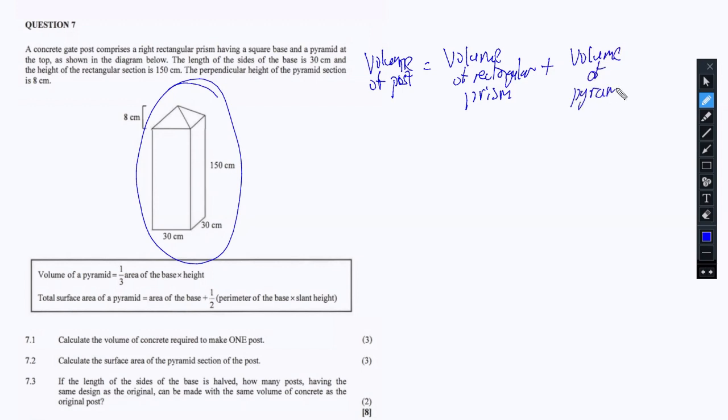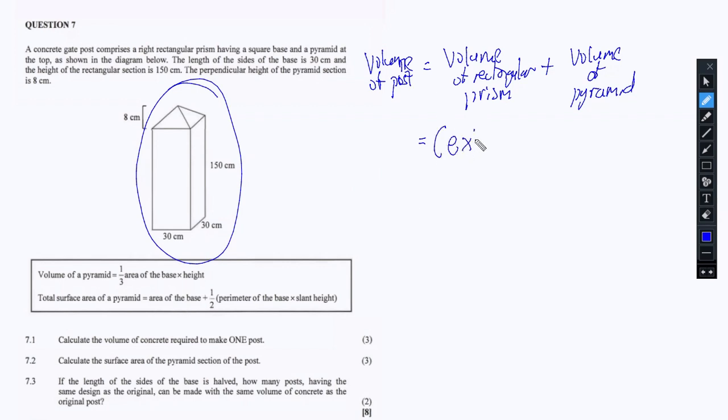So the volume of the post will be made up of the sum of the volume of the rectangular prism and the volume of the pyramid. Here we are only given the volume of the pyramid. We are not given the volume of the rectangular prism because that's another formula that they expect you to know. So you never know which formulas you'll be given and which formulas you'll not be given. It is best to study all formulas.